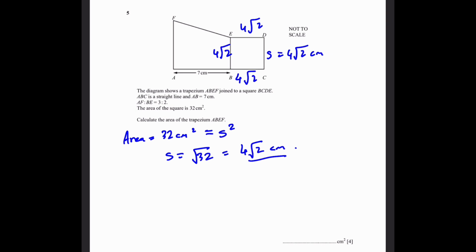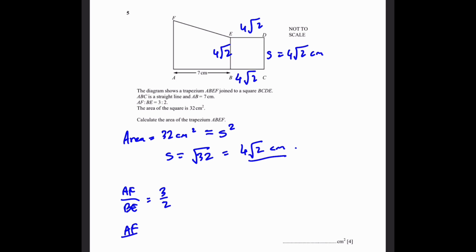Now, how do we find this side length? We have the smaller side length of the trapezium, we need the larger one, and we have the height of the trapezium here. Well, we know this ratio, AF to BE equals 3 to 2. So that means AF divided by BE is also simply 3 over 2. And BE is equal to 4 root 2.